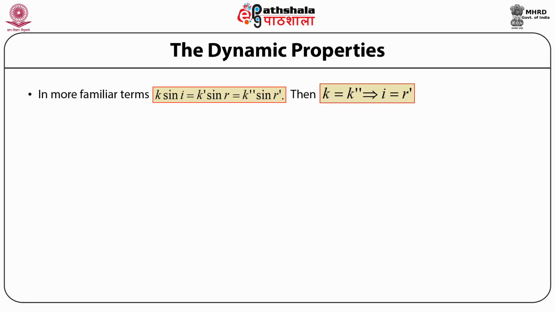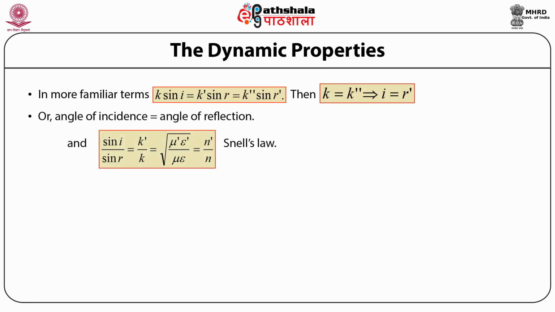Now let us look at the first and the second of these three equations. Here, since k represents the wave number of medium 1 while k prime represents the wave number of medium 2, we can rewrite these equations as sine i by sine r is equal to k prime by k, where i represents the angle of incidence while r represents the angle of refraction.